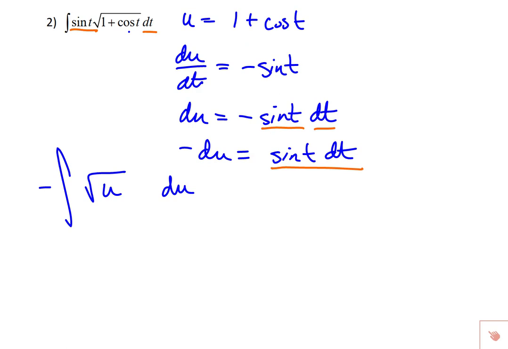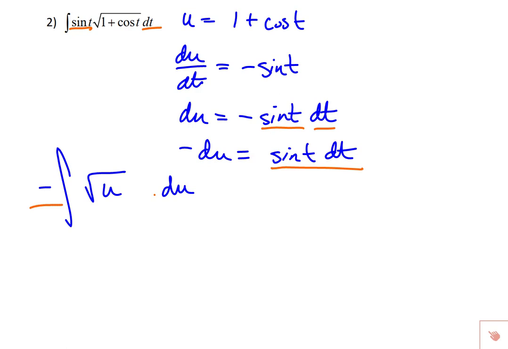So the whole idea with substitution is that by the time you make your substitution, every part of the original integral needs to be represented by something in this new substitutionary form of it. So again, let's reiterate that the sine of t and the dt got replaced by the negative du.